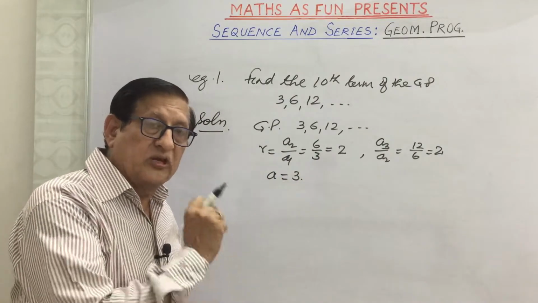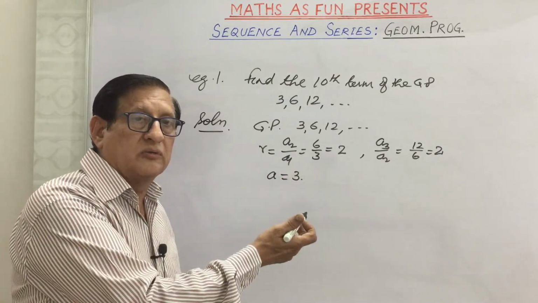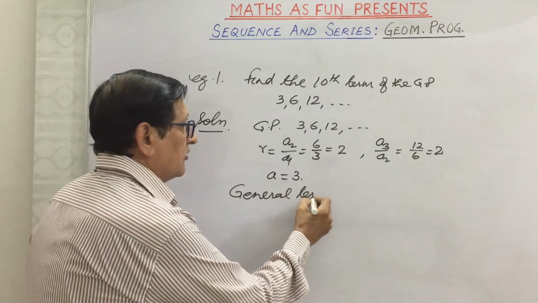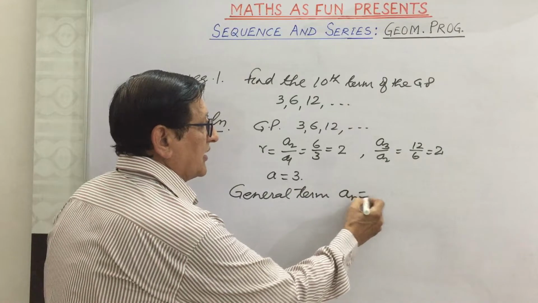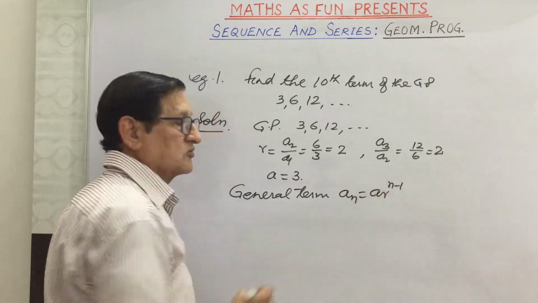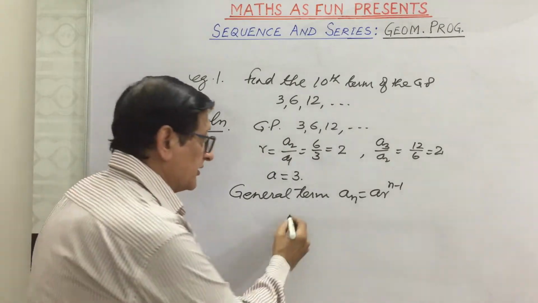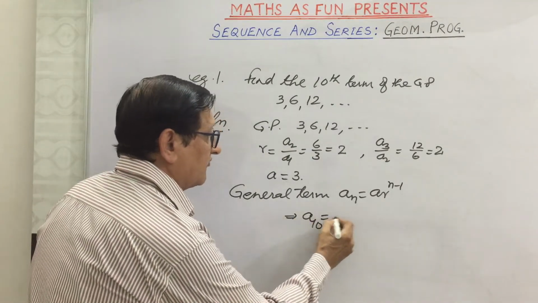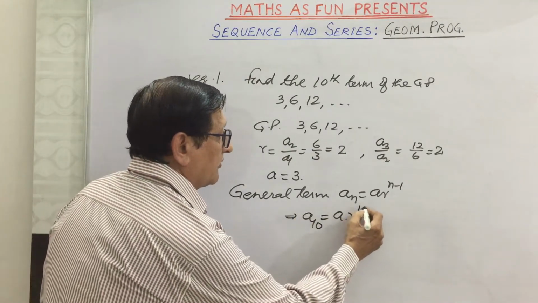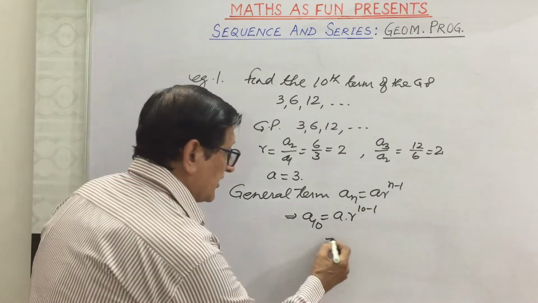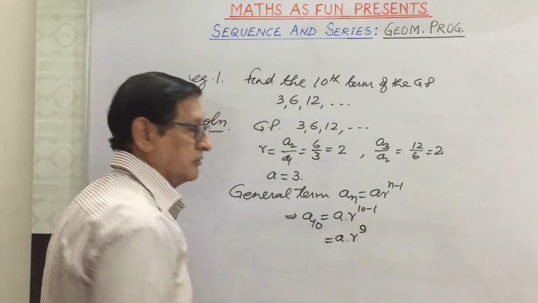And now we know the formula to find out any term of the GP, that is the general term. We can write the general term An is equal to A R to the power n minus 1. Here n is 10 because we have to find out the 10th term. It means we can write here A10 will be A into R power 10 minus 1, that is A into R power 9.